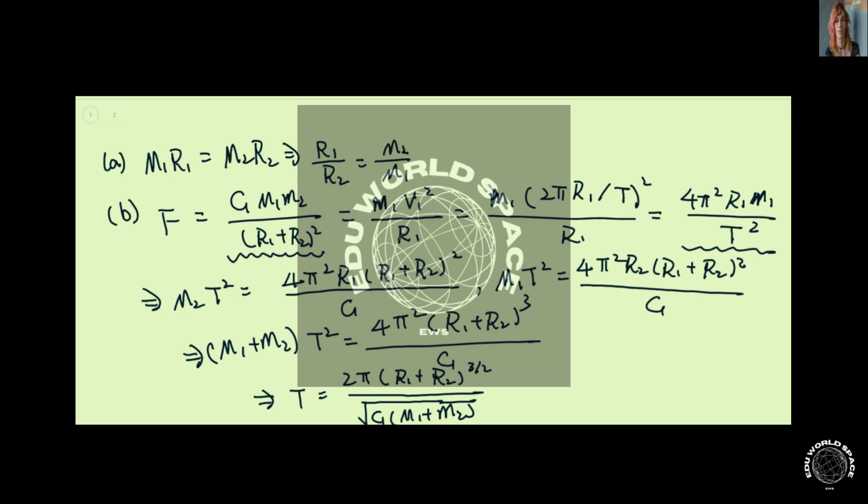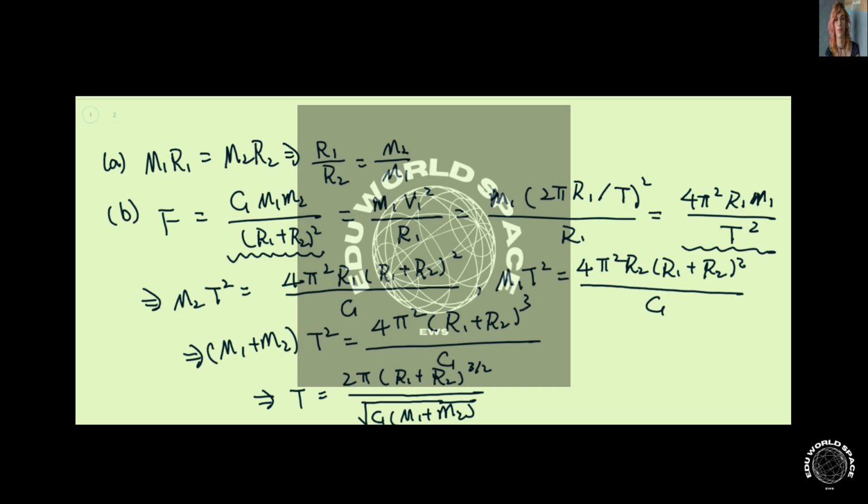So for question B, the force between the two stars is the gravitational force, which is the gravitational constant times the mass of these two divided by the distance between them, which is the sum of R1 and R2, squared. The force is also the centripetal force, so we can use the centripetal equation. For star 1, we have m1 velocity 1 squared divided by r1.